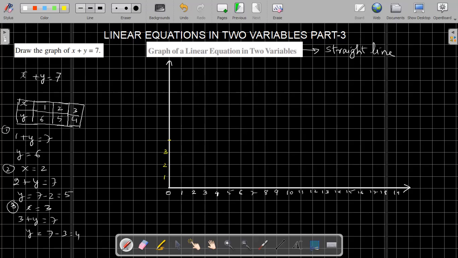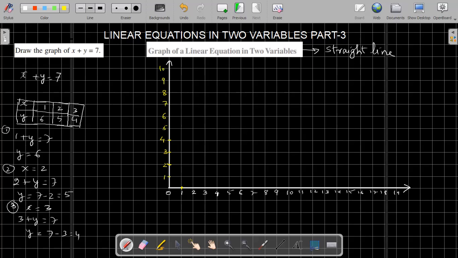Actually, we should put a small cut on every point and then write the number, like this. Then 4, 5, 6, 7, 8, 9, and 10.